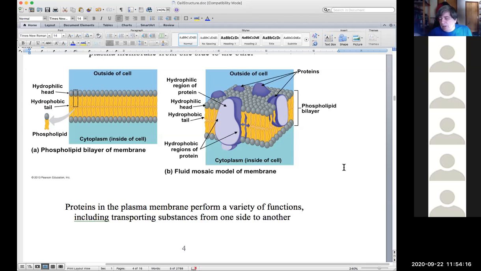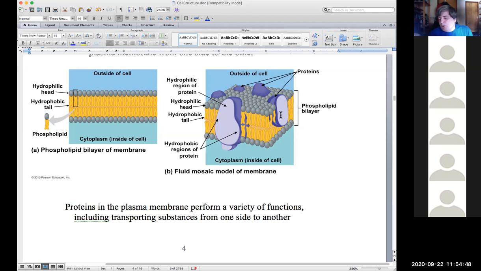If we look at nerve cells in your brain and your spinal cord and your nerves, they have some channels that sodium can go through. Sodium ions with a positive charge. They have different channels that potassium ions can go through, because the sodium channels don't let potassium through. The potassium channels don't let sodium through. So remember what we keep saying, everything works by its three-dimensional shape, and that's really related to its chemistry.